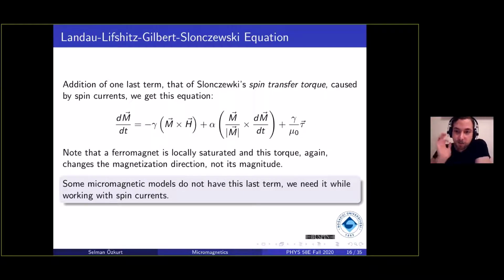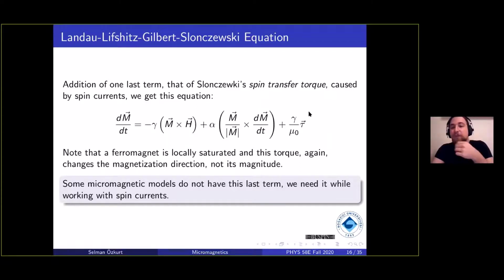Now let's generalize furthermore by adding the Slonczewski term of spin transfer torque, which is of utmost importance in many spintronic applications, to arrive at the so to say governing equation of all spintronics, which is the LLGS equation.